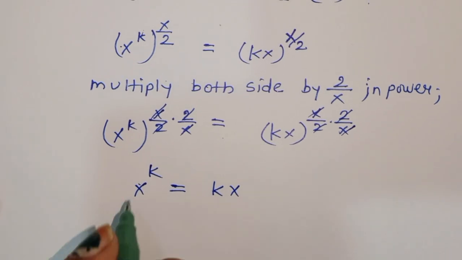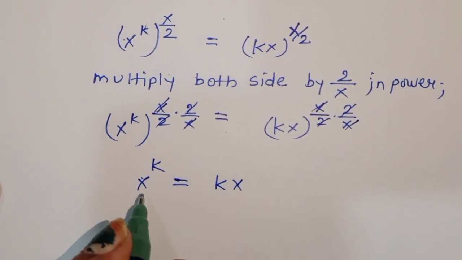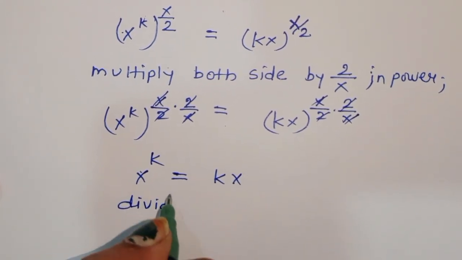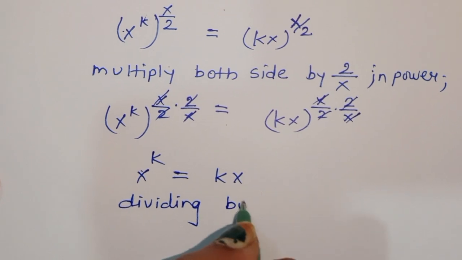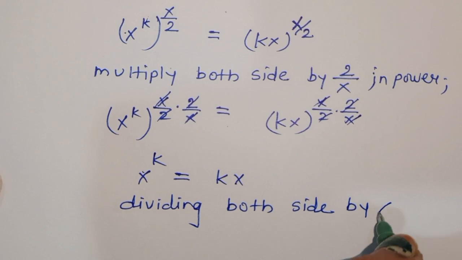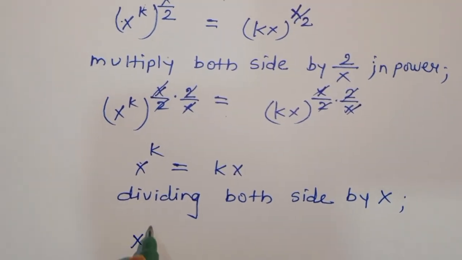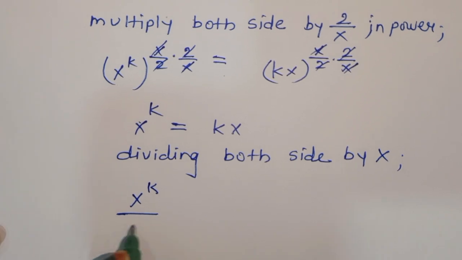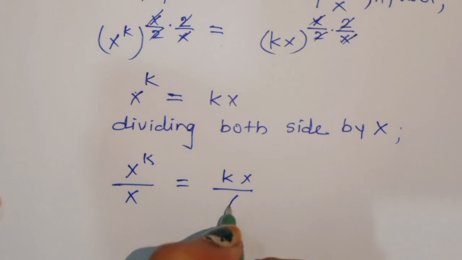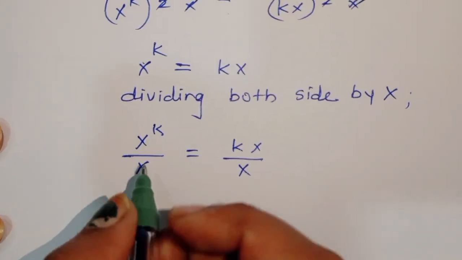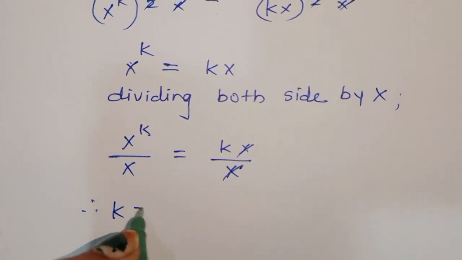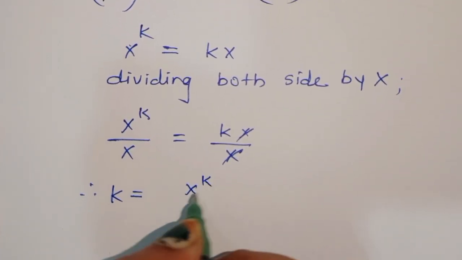Now dividing both sides by x, because we have to eliminate this term, we get x power k divided by x is equal to kx divided by x. Now we can cancel this, so k is equal to x power k divided by x.